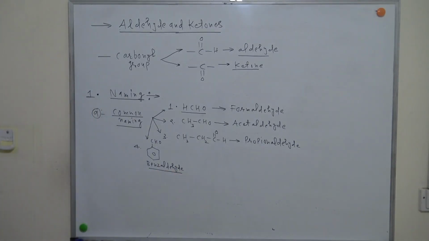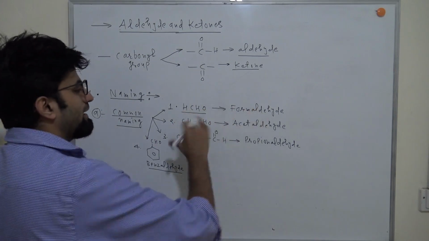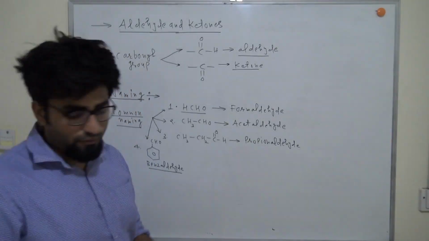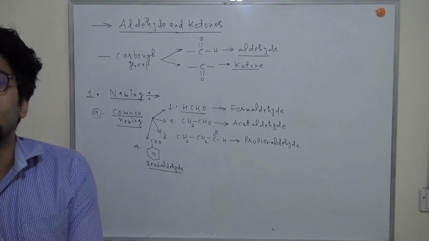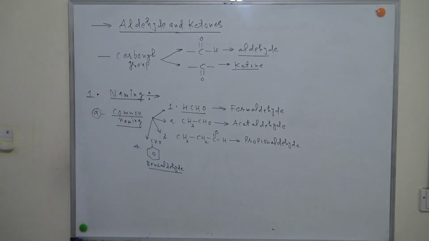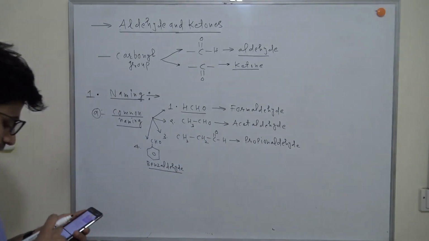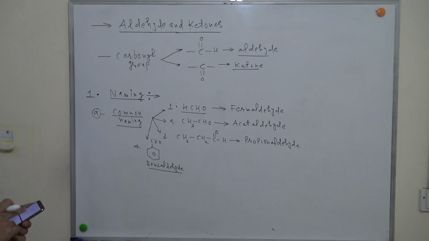These common names are important, because they can ask what is the product when formaldehyde reacts with a particular reagent, and if you don't know the formula of formaldehyde, you can't solve that question. So this is formaldehyde, acetaldehyde, propionaldehyde, and benzaldehyde.